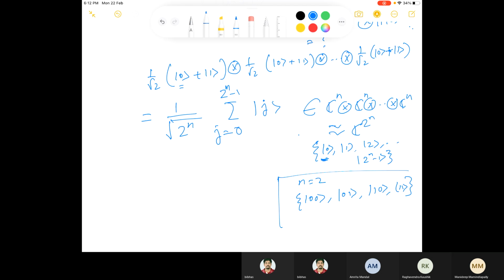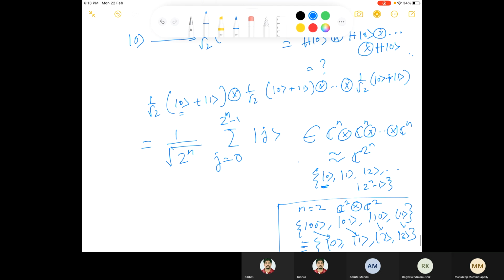This is the canonical basis of C^2 tensor C^2. But sometimes we'll write it as 0, 1, 2, 3, where each corresponds to one of these basis elements. This is why I'm using this notation, this j.